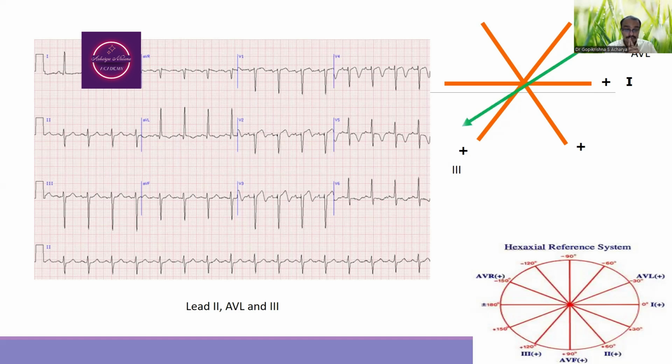Lead 3 is having the prominent negative deflection and AVL is having prominent positive deflection. That means the electrical axis or ventricular axis in this particular ECG strip will be towards lead AVL, and the value of lead AVL is minus 30. That means the electrical axis is within normal range.